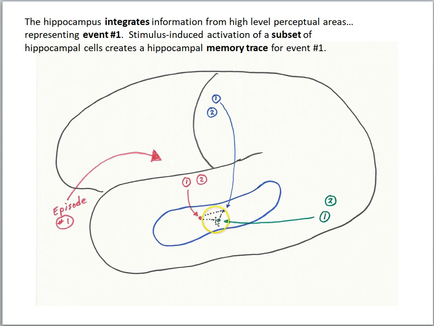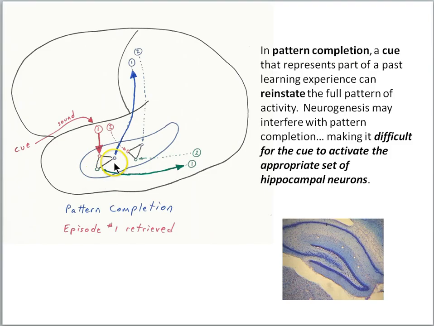And the idea then is that at a later time, if any particular cue is presented that was part of episode 1, that cue can reactivate the pattern of hippocampal activity, and that would constitute retrieving the memory. So in this diagram, we see an engram, a memory trace for event number 1 is here, and event number 2 is here.